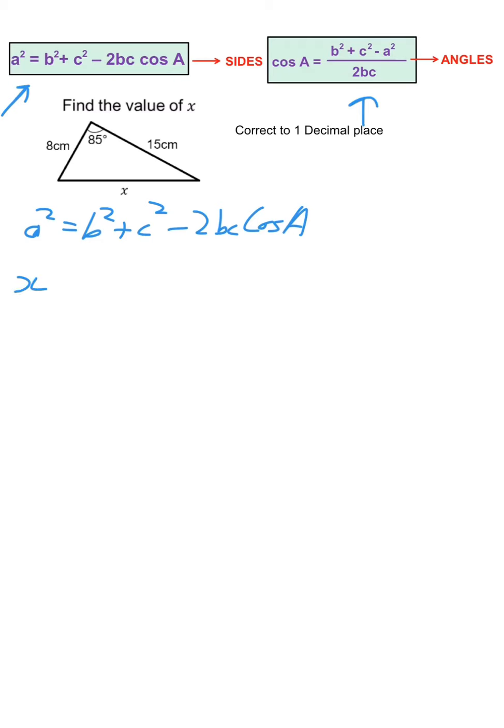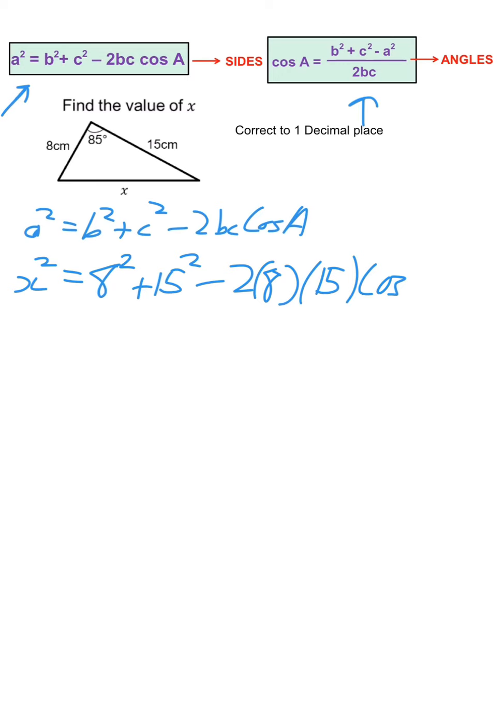So x squared is equal to b, that'll be 8 squared, plus c squared, so c is going to be 15, 15 squared, minus 2, remember b is 8, c is 15, and then cos of A, which is going to be 85.